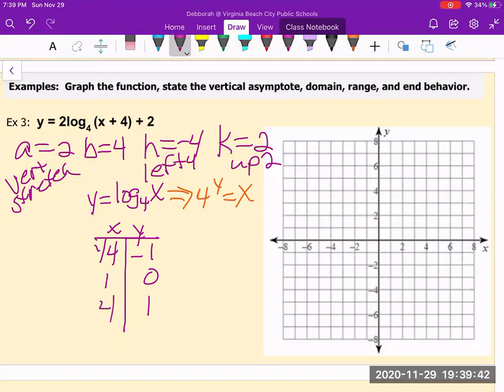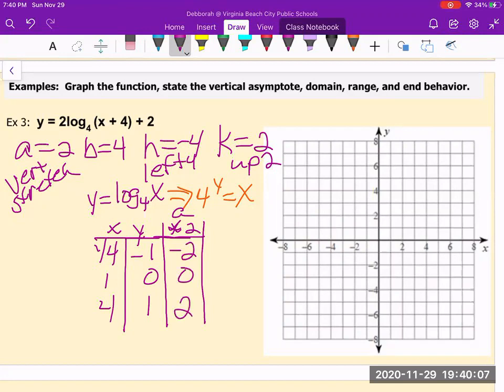Now that we've done that, we're going to apply the multiplier of 2, meaning the value of a. So we're going to take that y and multiply it by 2. That's going to give us 2 times negative 1 is negative 2. 2 times 0 is 0. And 2 times 1 is 2.